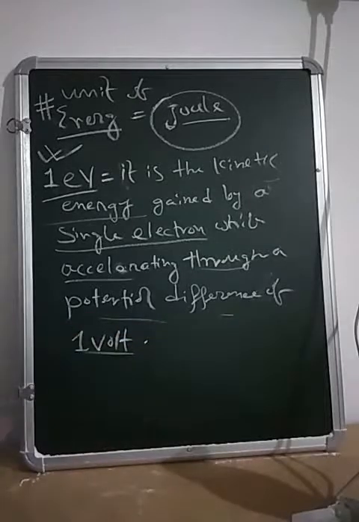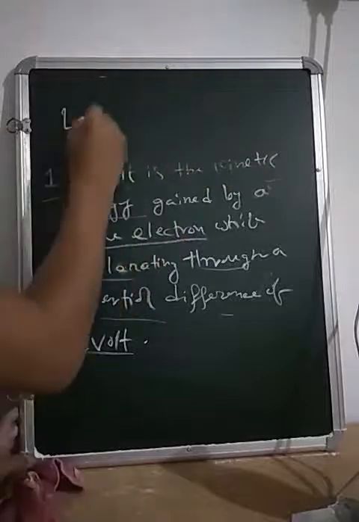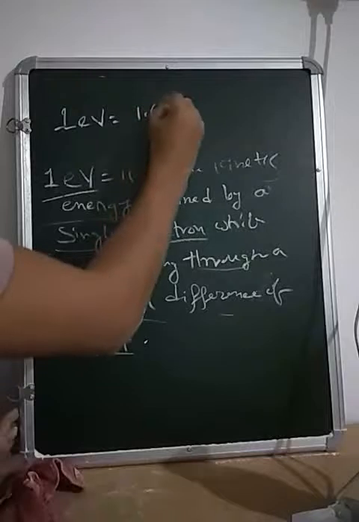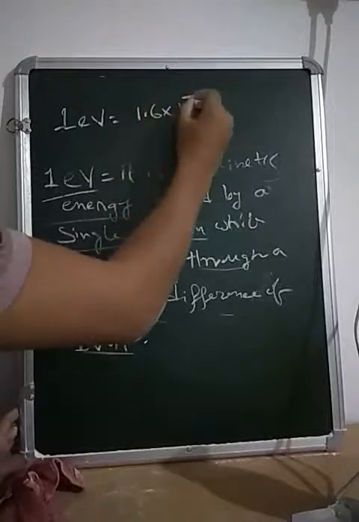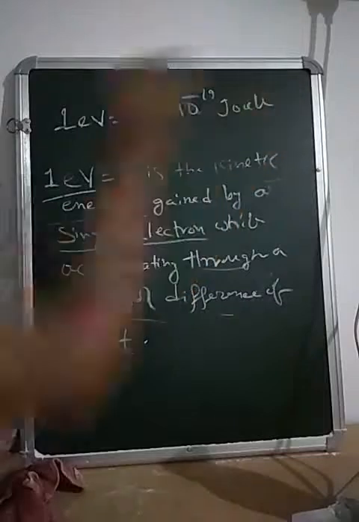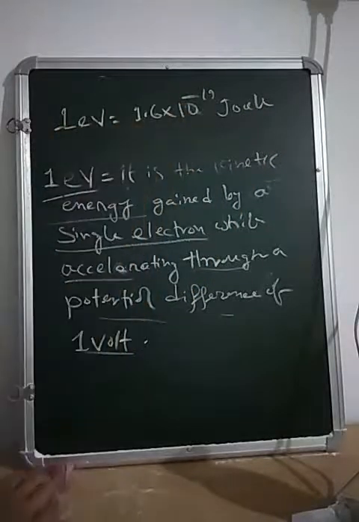So 1 electron volt is how much? 1.6 into 10 to the power minus 19 joule.